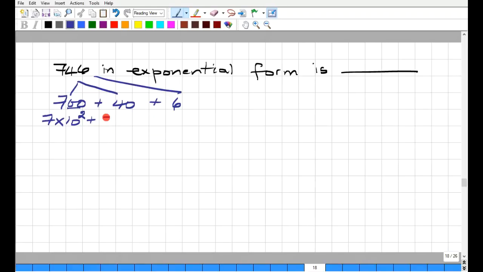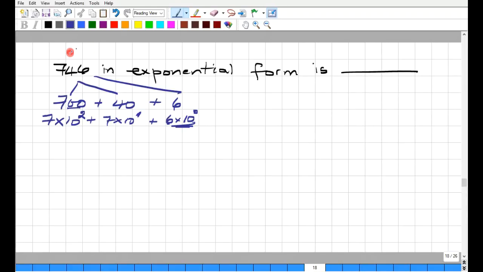This is plus 7 times 10 to the first power plus 6 times 10 to the 0 power or 1. Okay. So in exponential form, it should be 7 times 10 squared plus 7 times 10 to the first power plus 6 times 10 to 0 power.